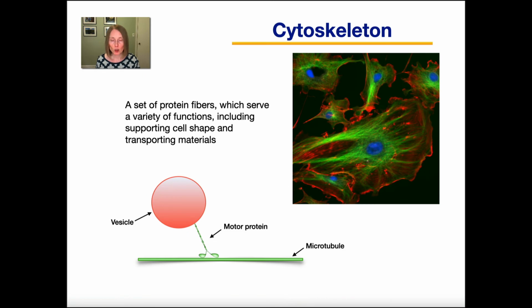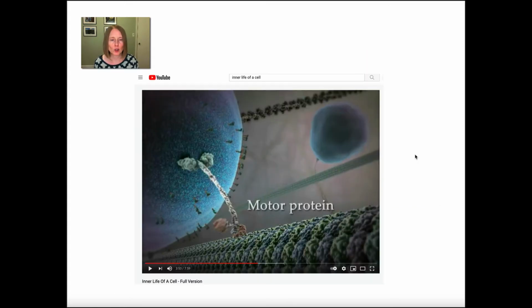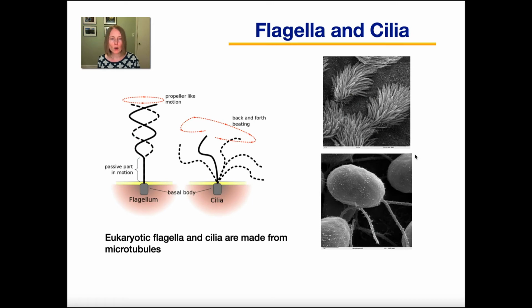So those microtubules, as well as other cytoskeletal elements, form these fibers that extend throughout the cell. So here in this microscope image, the green threads are the cytoskeleton. But microtubules can also be found outside of the cell in specialized structures called flagella and cilia. So here's a microscope image of a cell that has these 2 flagella sticking out. They're these tail-like structures that help the cell swim.